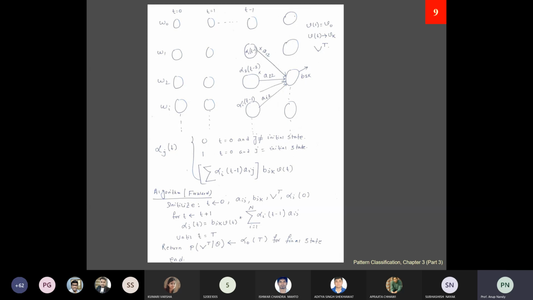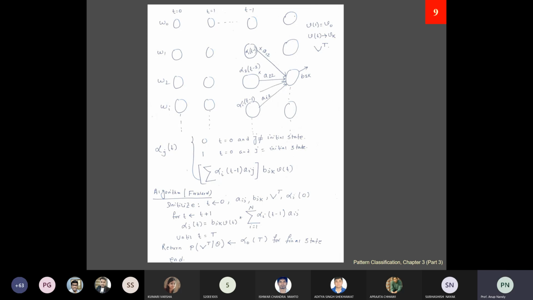Now you have an initial state, and you have some acceptance state or goal state. If j is not the initial state and t is equal to 0, then alpha jt is equal to 0. If j is the initial state and t is equal to 0, then it is 1.